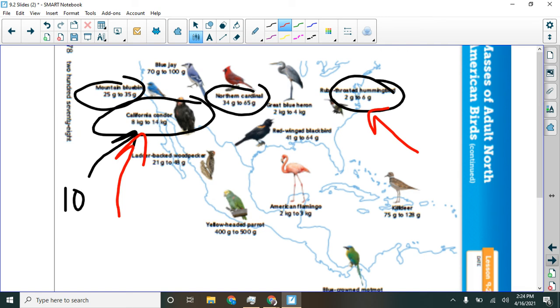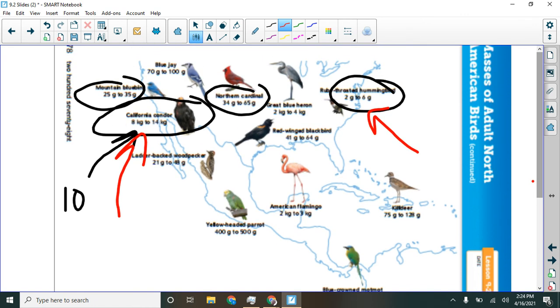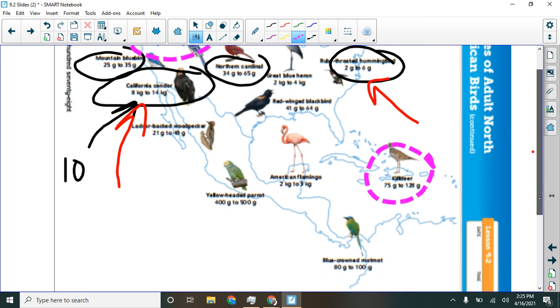All right, I have found 2 here. Ooh, actually 3. You could have picked blue jay, right? 90's in between there. You could have picked killdeer. You could have picked blue-crowned. It's tough to read on this screen. Does it say marmot? Maybe.